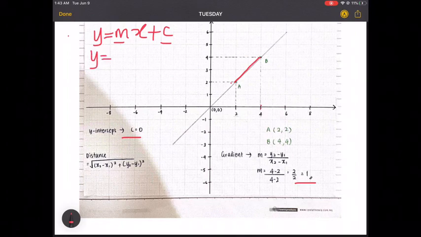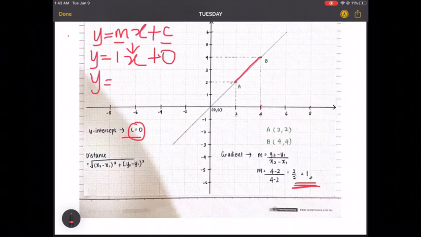The gradient here is 1. You bring down the x, and the y-intercept is 0. When you have 1 in front of an unknown, you can just leave it as x. And when you have plus 0, you don't have to write it. So the equation of line AB is just y equals x. That's simple.